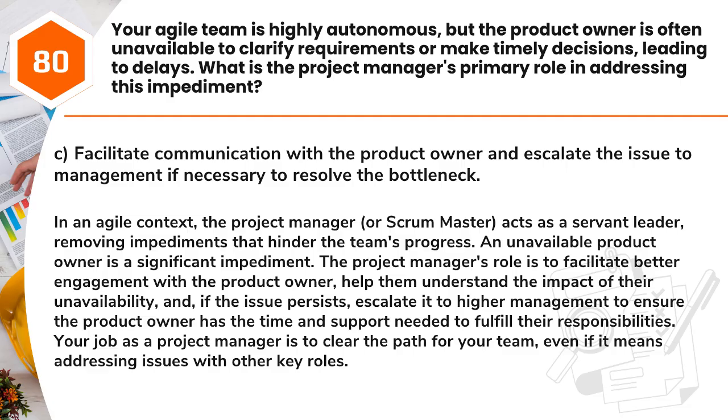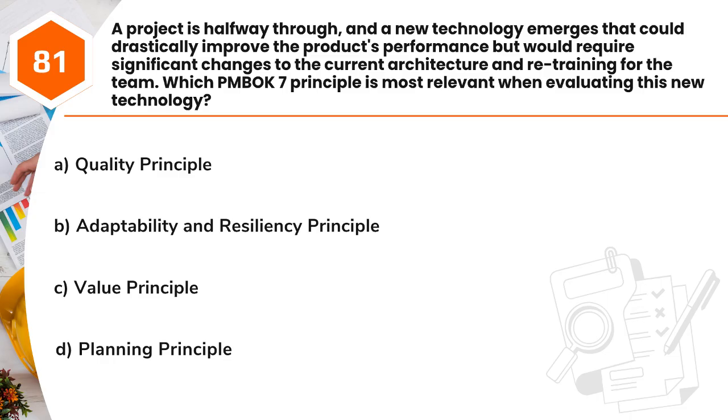The project manager's role is to facilitate better engagement with the product owner, help them understand the impact of their unavailability, and, if the issue persists, escalate it to higher management to ensure the product owner has the time and support needed to fulfill their responsibilities. Your job as a project manager is to clear the path for your team, even if it means addressing issues with other key roles.